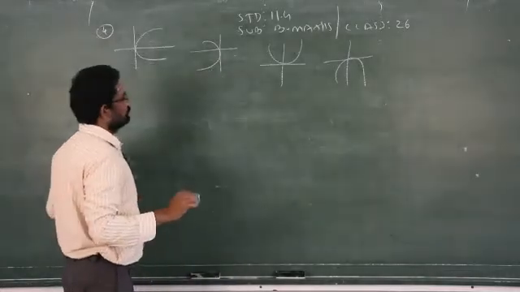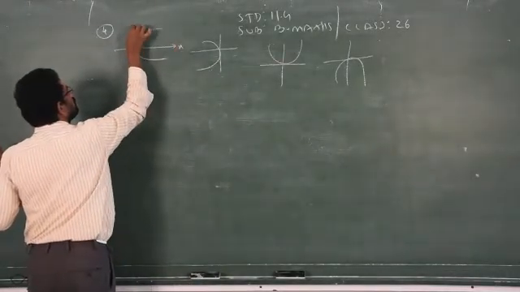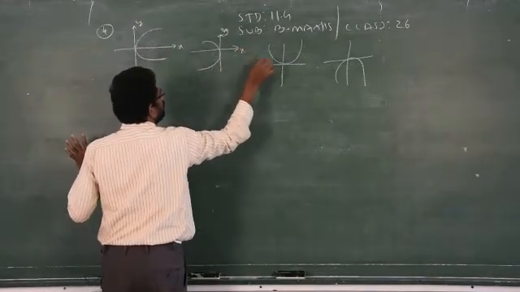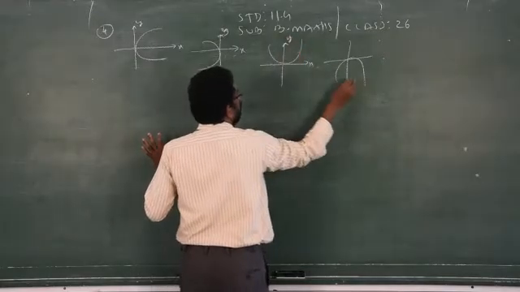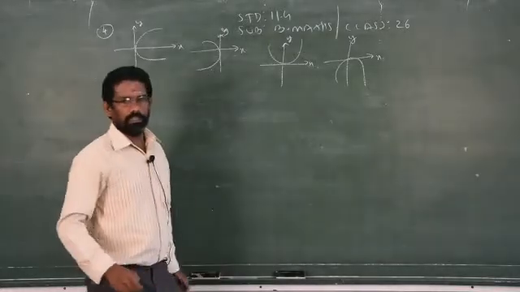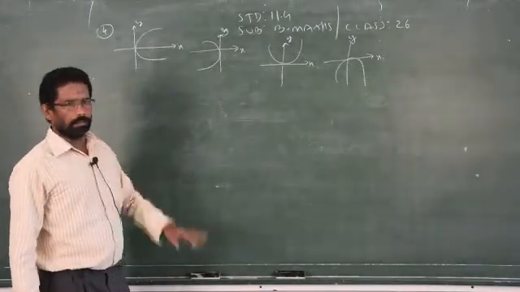Clear? So here this is x axis, y axis, y axis, x axis. Just you have to understand how to find the relevant diagram for the given questions. Once you identify the diagram, then the rest of the part will be very easy.